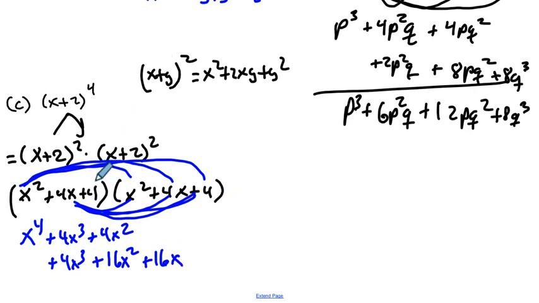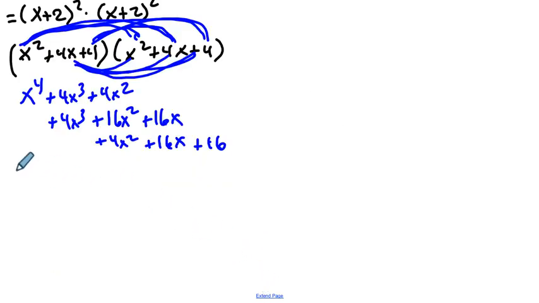4x times 4 is plus 16x. Okay, and let's do the 4 now. 4 times x squared, 4 times 4x, and 4 times 4. 4 times x squared is 4x squared. 4 times 4x is 16x. And then 4 times 4 is 16. And now we can add all this together.